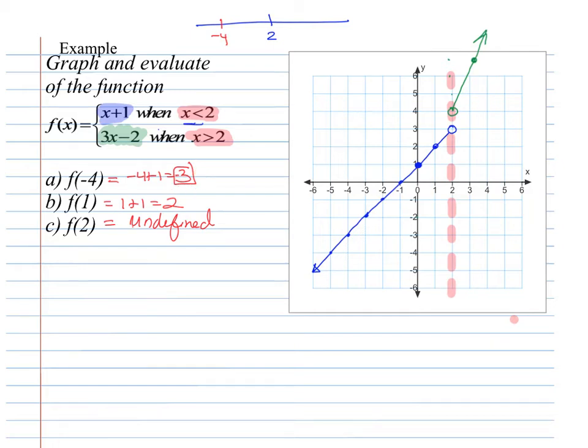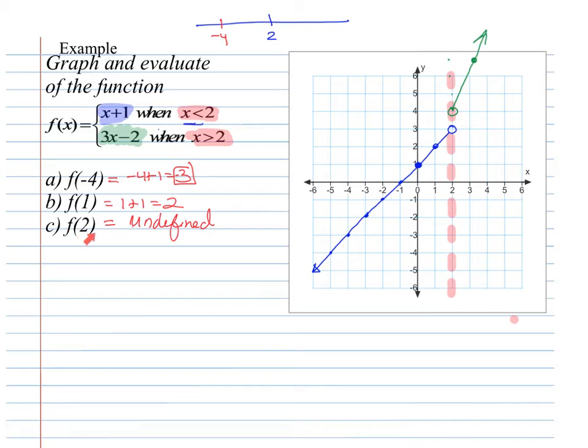You could also do this on the graph, and you would go to negative 4 and find where your graph actually crosses it, and your y would be negative 3, and that would be your answer. For 1, again, the restriction lies in here, so you would go 1 plus 1, which is 2, or if you look at your graph, you look at 1, my answer for y would be 2.